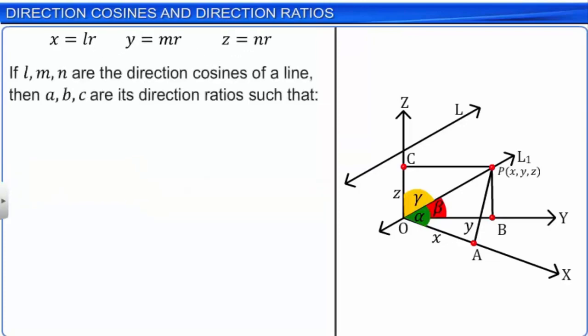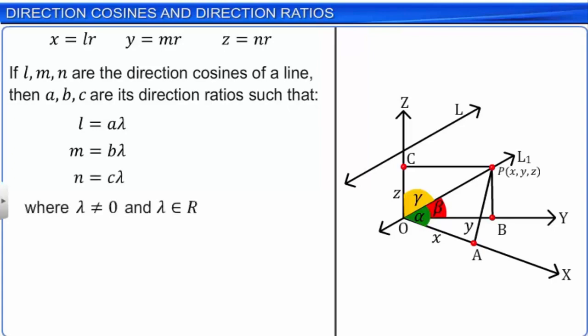By convention, the direction ratios of a line are represented by the letters a, b, and c. Since direction ratios are proportional to direction cosines, for any non-zero real number lambda, we can express direction ratios in terms of direction cosines as shown. A line can have infinite sets of direction ratios corresponding to different values of lambda.